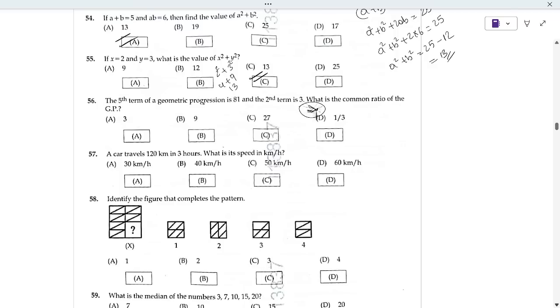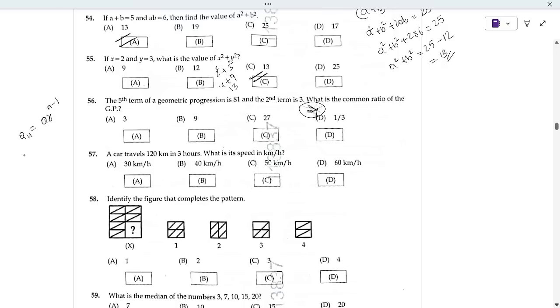So here the formula will be what? The geometric progression formula is an is equal to ar to the n minus 1, where a is nothing but the first term, r is the common ratio. They are asking us to find the common ratio.